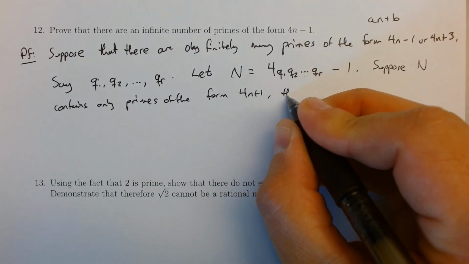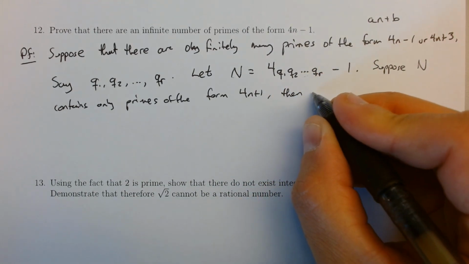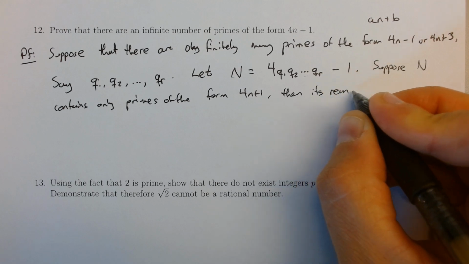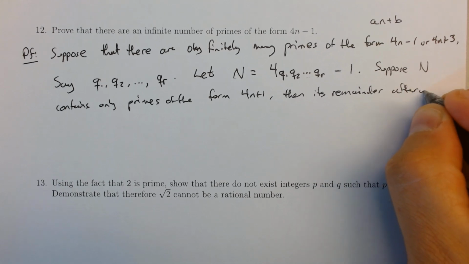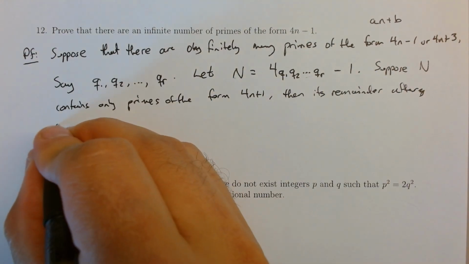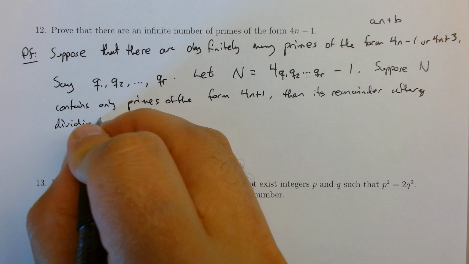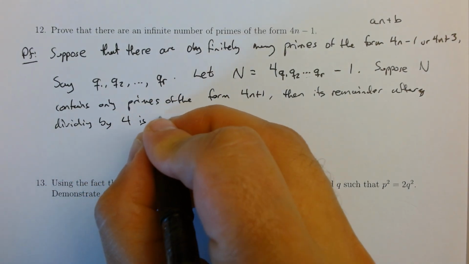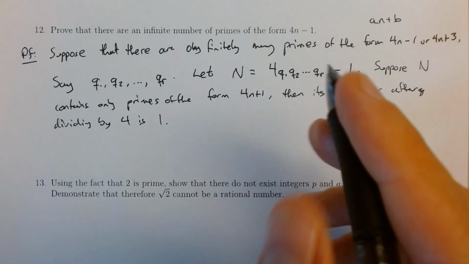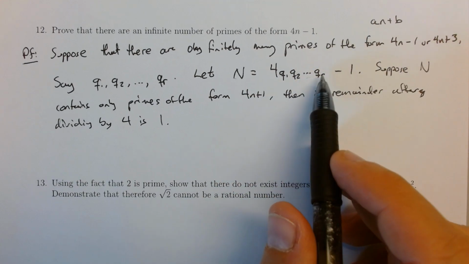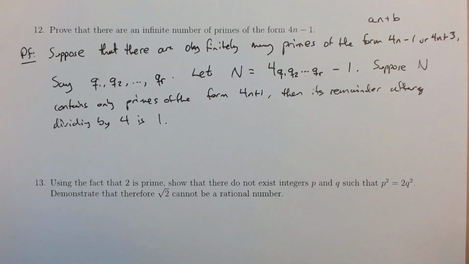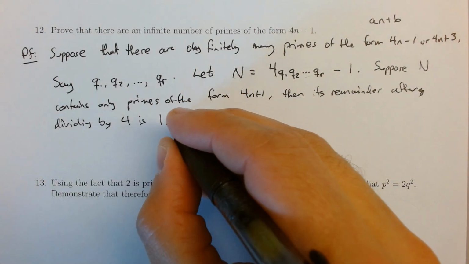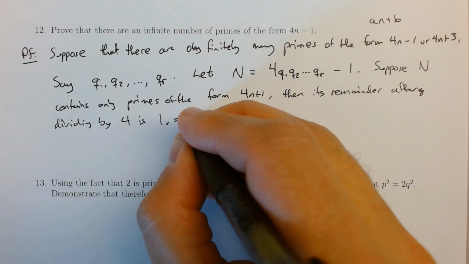And I'll leave that as an exercise. Its remainder after dividing by 4 is a 1. And that's going to be a contradiction, because we can see that the remainder would be a negative 1 or a 3. It's of the form 4n plus 3 or 4n minus 1. So this is a contradiction.